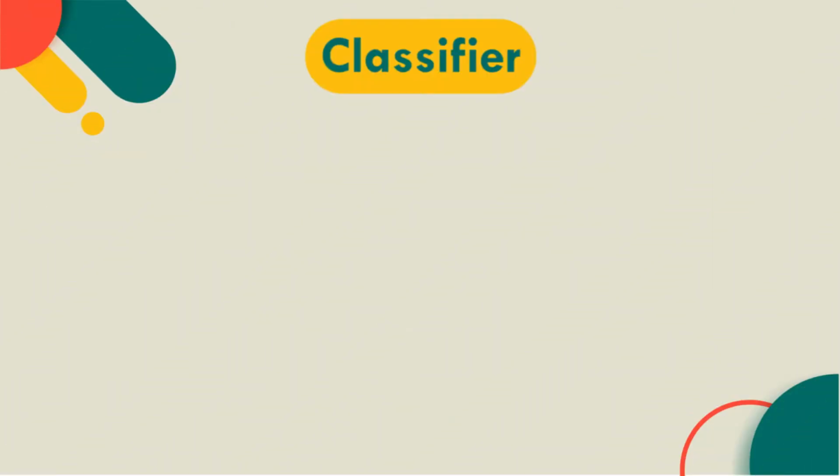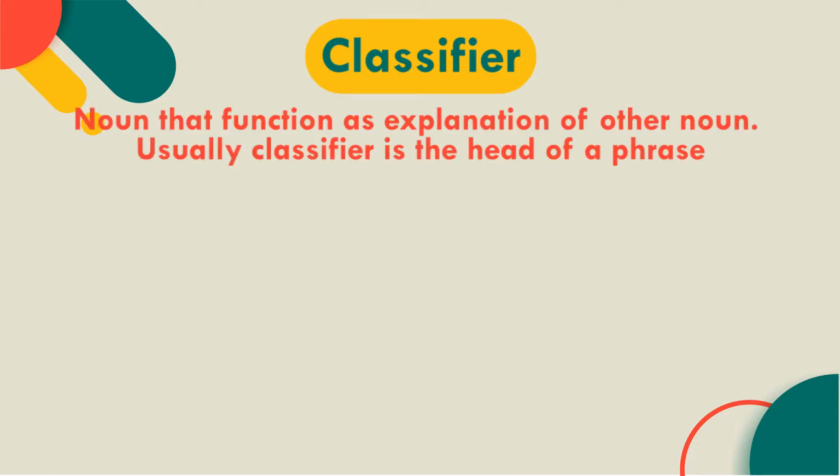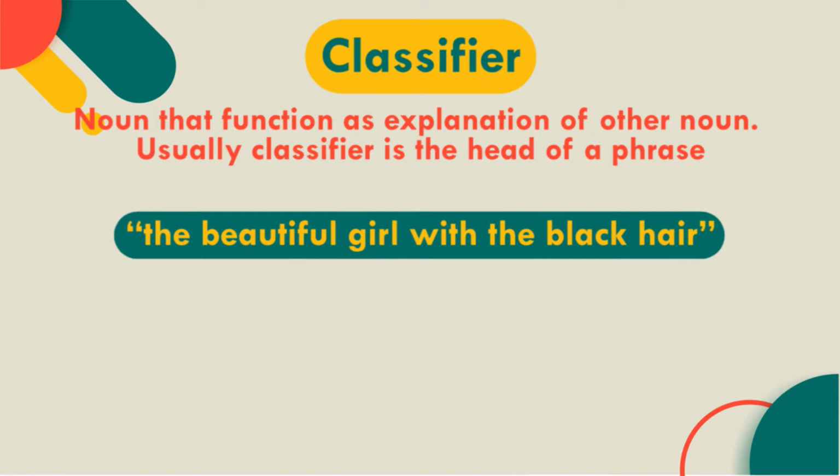Now, let's move to the classifier. Classifier is a noun that functions as explanation of other noun. Usually, classifier is the head of a phrase. For example, the beautiful girl with the black hair.